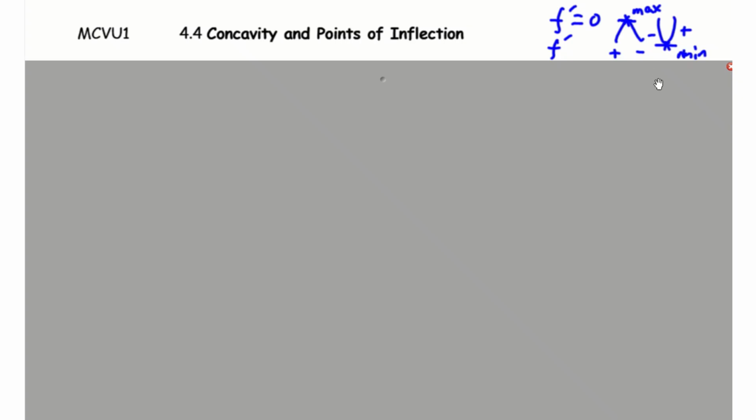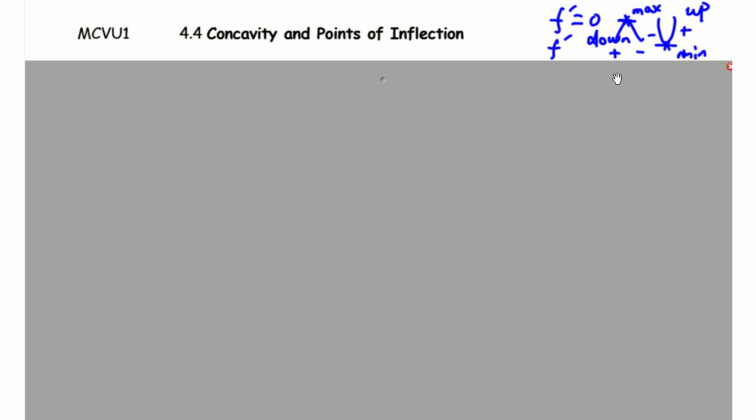We do have another way to find a local minimum or maximum, and that is concavity. So concavity is open up or open down. If it's like a parabola, you will see this is open down. This one we call concave down, and this U shape is open up, so we call it concave up.